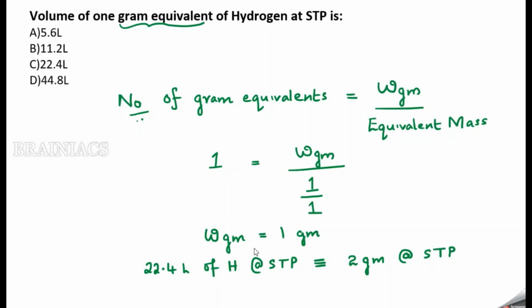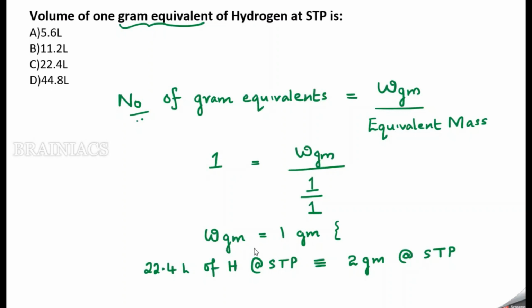Now we know that 2 gram will occupy a volume of 22.4 liter, but in question what they are asking you, they are asking you regarding the volume occupied by 1 gram. Why I am saying 1 gram? Because weight in gram we have calculated as 1 gram, and this 1 gram is equivalent to 1 gram equivalent, correct? Because here we have substituted 1 gram equivalent, and corresponding to that I have calculated the weight in gram.